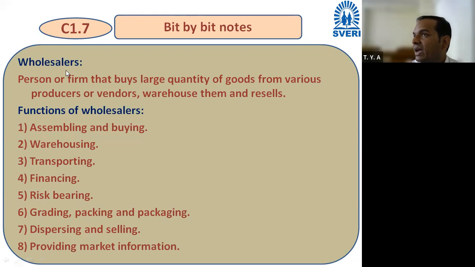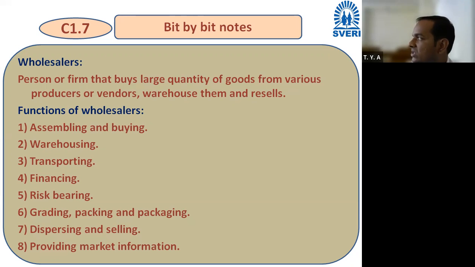Wholesaler means what, and what is the function of those people, because they are removing the hurdle. Coming back to our introductory part, I have told why marketing is essential. To remove the hurdle, which kind of hurdle is there? Passing a product from one place to another, producer to end user, there is a very big difficulty, a hurdle. So who is helping to remove the hurdle?